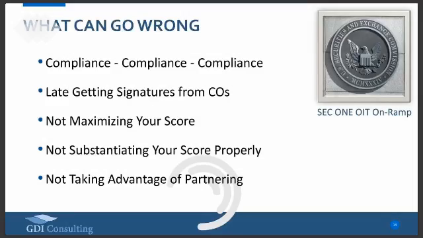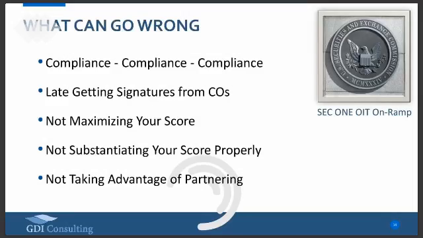The previous one, not maximizing your score, means that, for example, you think you don't have the substantiation, so you don't go for it. But sometimes you think you know that you have that score and you try to substantiate it. In other words, provide the proper documentation, but there's a mistake in your documentation.